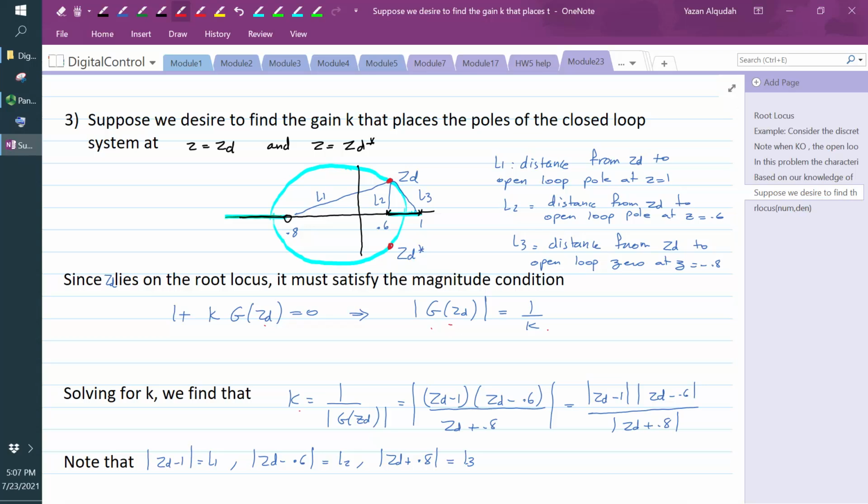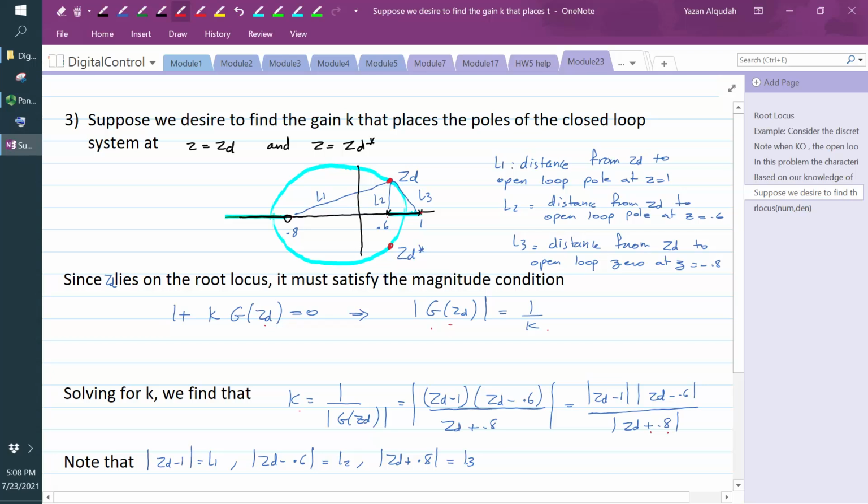I realize that what I'm calculating here is nothing other than distances. ZD minus 1 is the distance between ZD and 1. ZD minus 0.6 is the distance between ZD and 0.6. ZD plus 0.8 is the distance between ZD and minus 0.8.